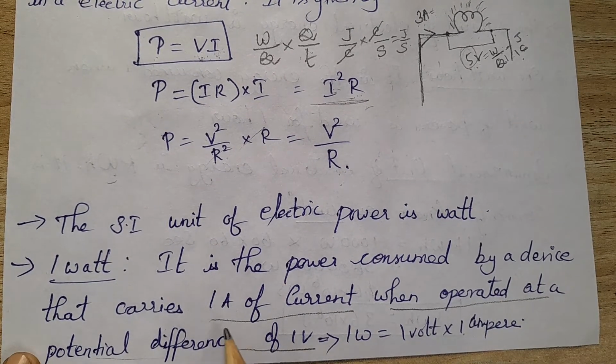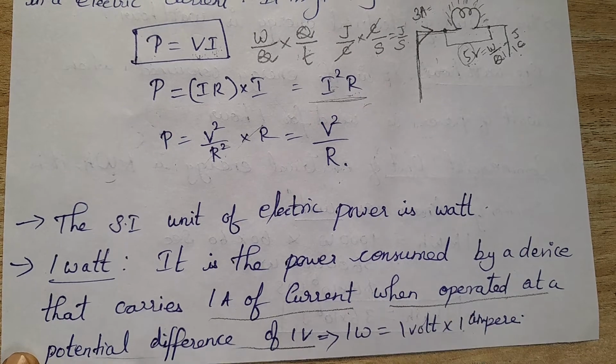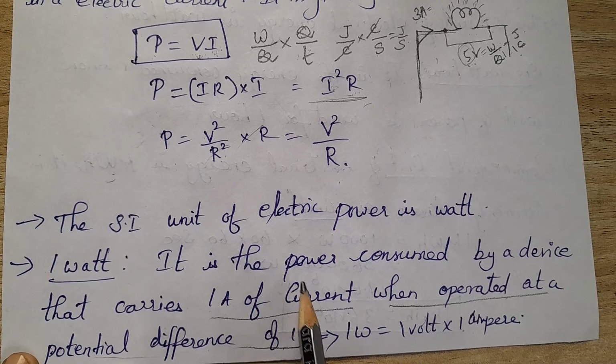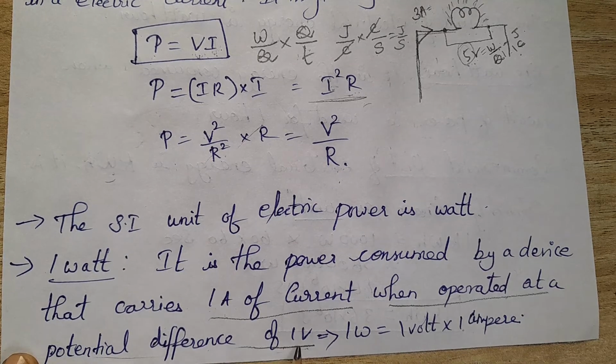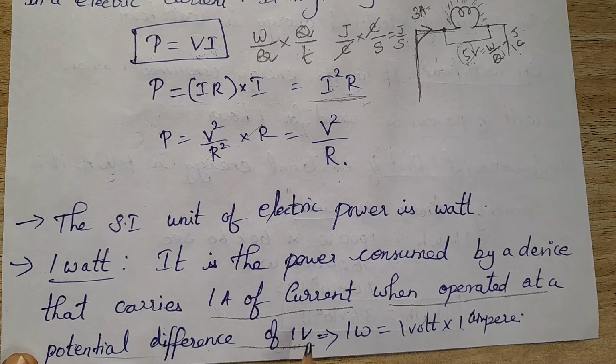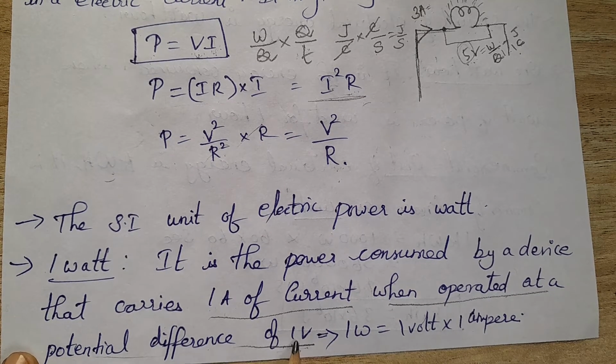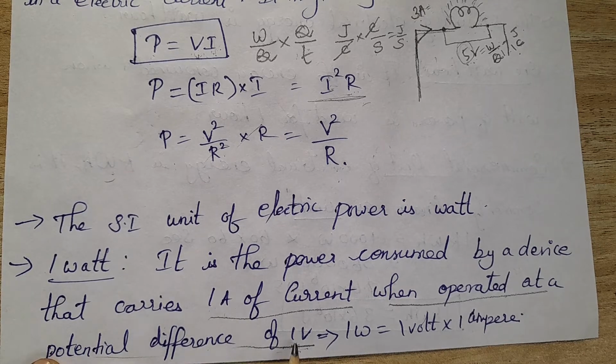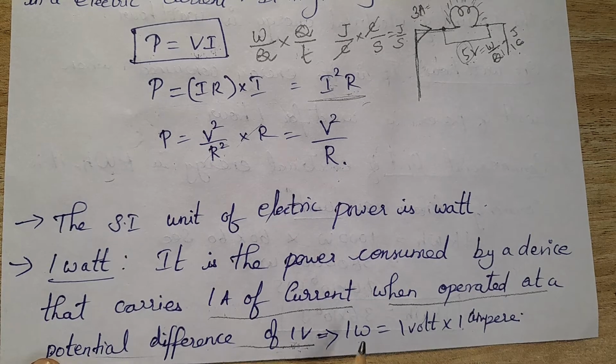That means 1 amp is 1 coulomb per second moving across the resistance, and 1 volt means 1 joule per coulomb. So 1 V into 1 A equals 1 watt. 1 watt equals 1 volt into 1 ampere.